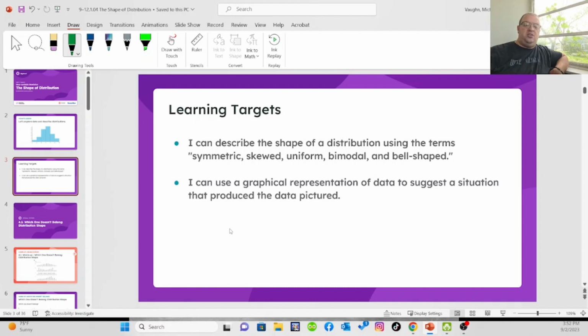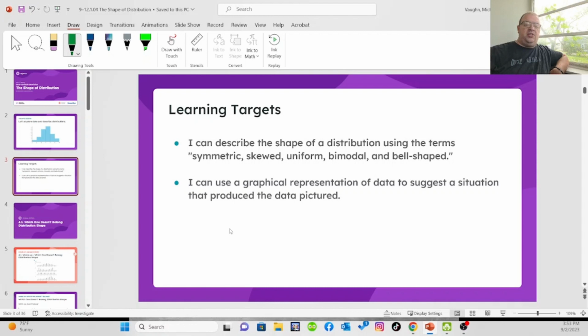Symmetric, skewed, uniform, bimodal, and bell-shaped. If you are comfortable describing distribution shapes with those 5 terms, then you are successful at this point. If you are not comfortable, please get my attention, ask me questions, and we will try to make it more clear so that you understand being able to use these 5 terms.